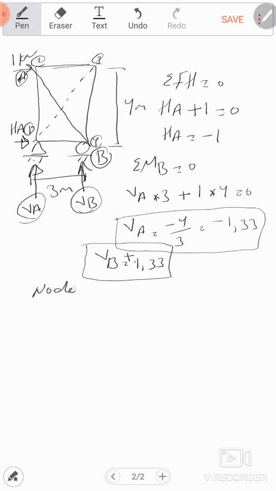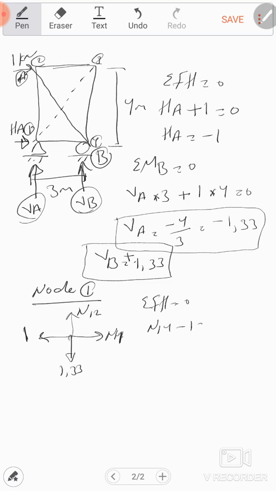node number 1. Here we have minus 1, HA, and this is N14. This is 1, not 1 2, and here 1.33. So summation FH equals 0: N14 minus 1 equals 0, so N14 equals 1.